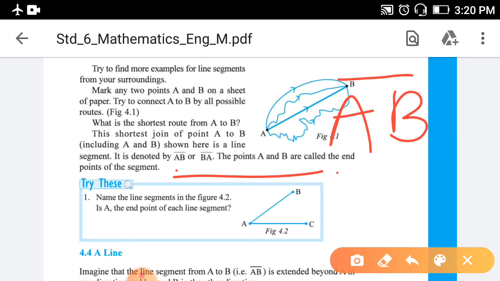It is denoted by line segment AB or BA. And here A and B both are the end points of segment. And this line segment cannot extend beyond the A or B.